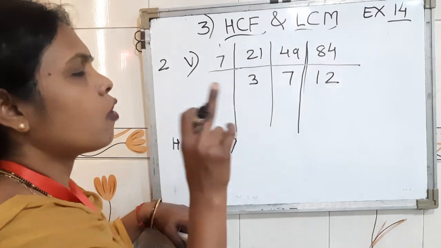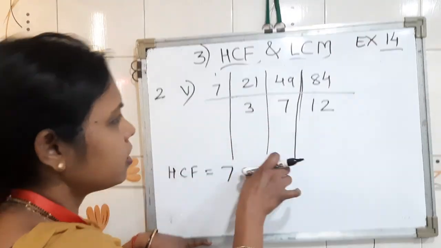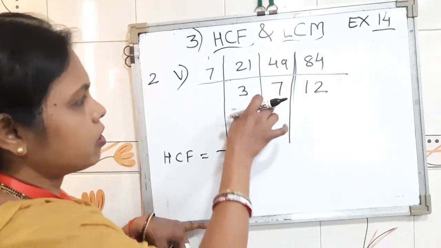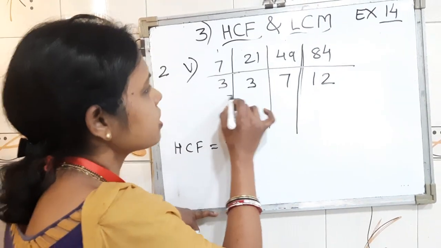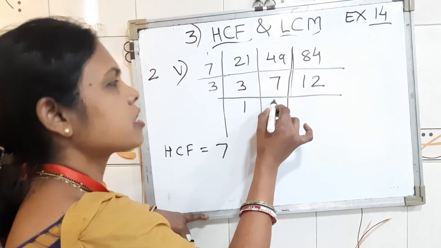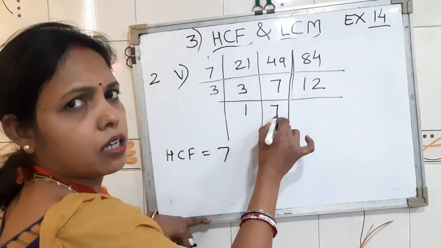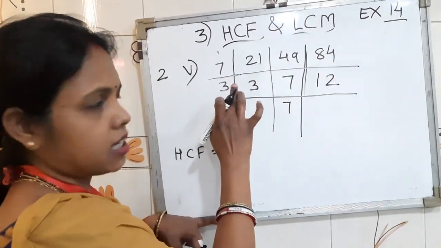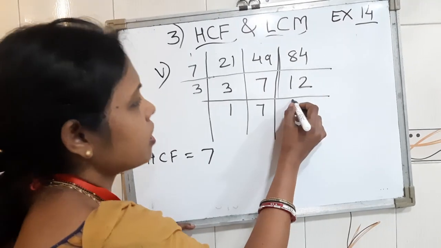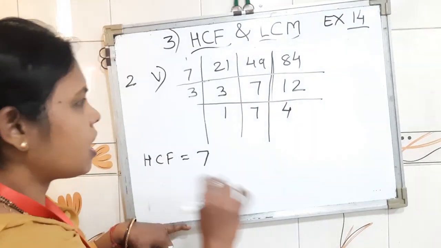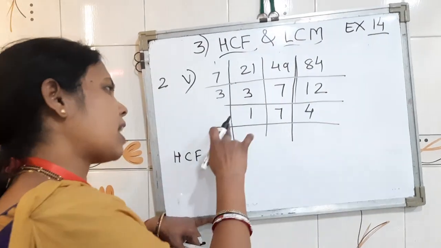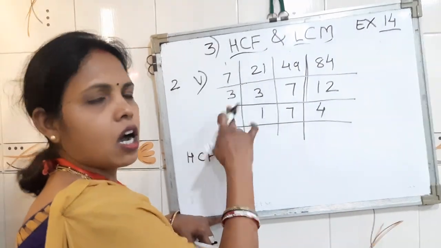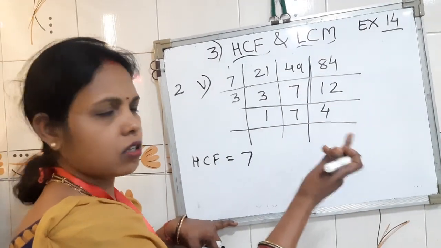And now for our LCM we will continue our division with the factor 3. 3 ones are 3. 7 will remain the same only because 7 we are not getting in the table of 3. 3 fours are 12. Again this 4, if you want you can directly write 4, otherwise 2 twos are 4.